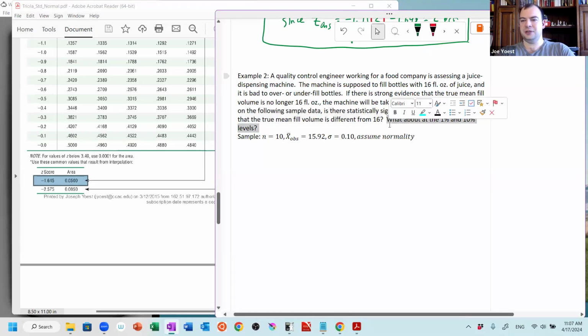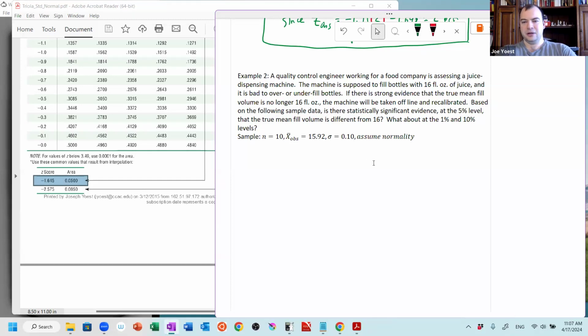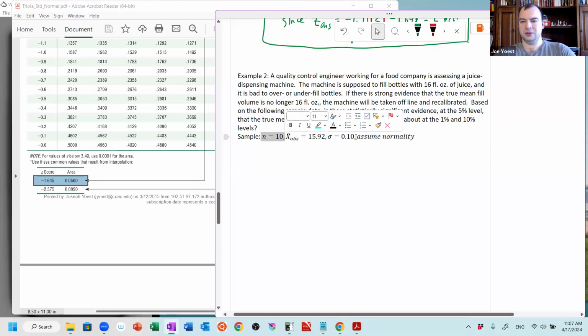And then we'll also look at what happens with the 1 and 10% levels as well. What is our sample from this machine? Well, we took a sample of size 10. We're assuming normality here, so we can use all of our nice central limit theorem results and everything that comes from that.